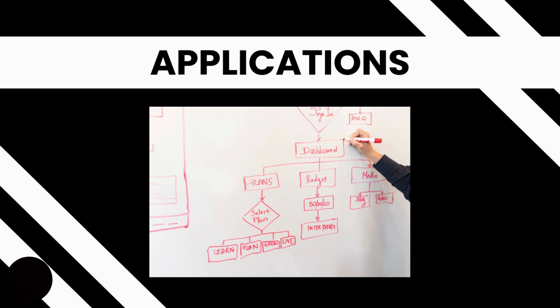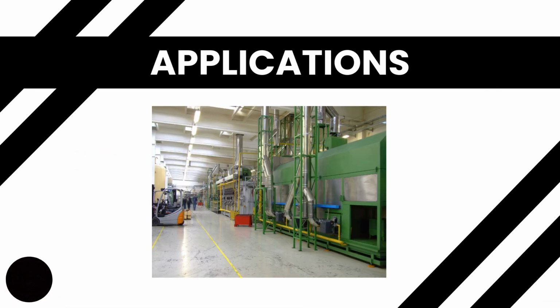Below are examples of how these tools are applied in practice. The cause and effect diagram is used during brainstorming sessions to identify possible causes of a recurring issue in the production line. By categorizing these causes, teams can focus on investigating the most likely factors affecting quality.